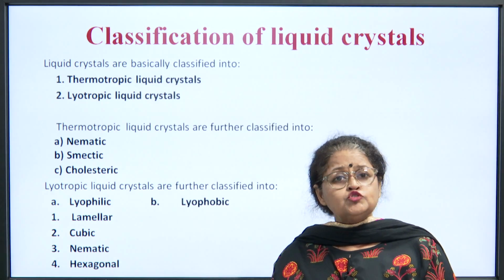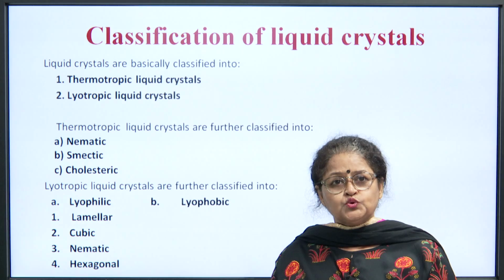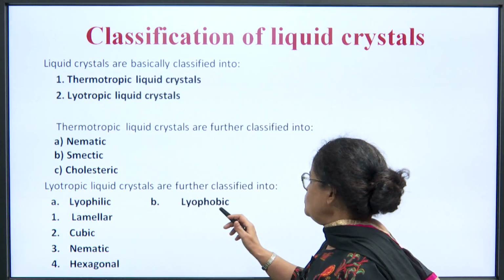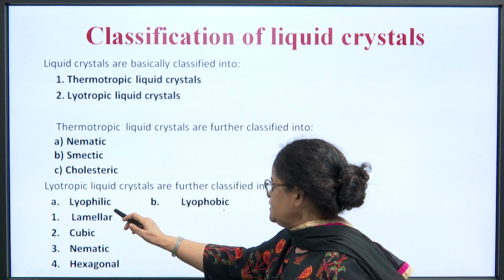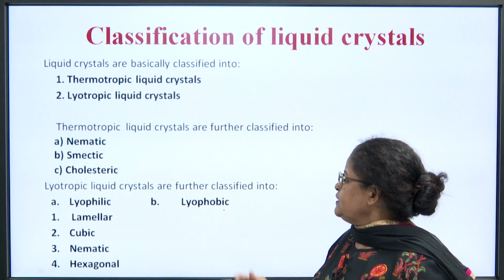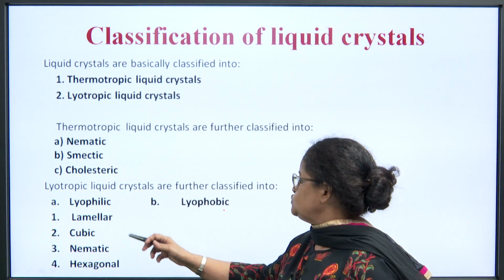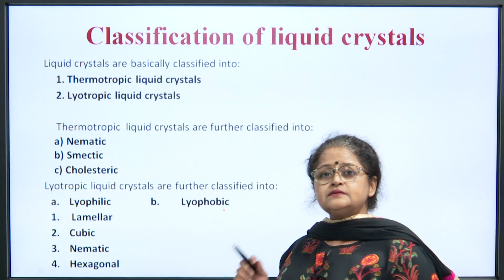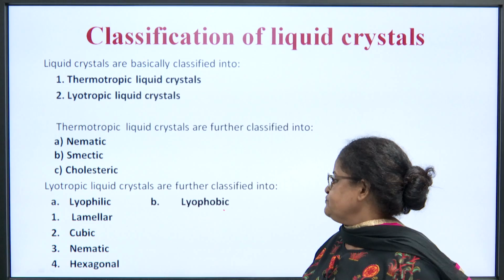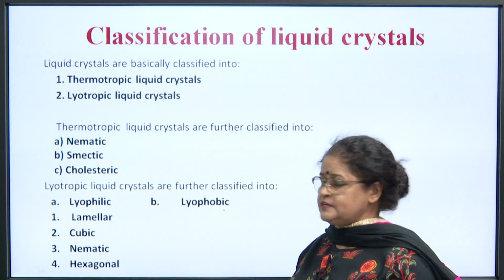Whereas the lyotropic liquid crystals can first be classified into two classes, lyophilic and lyophobic, solvent loving and solvent hating. They can further be classified into lamellar, as the name suggests, lamellar means sheet like, a lamina, and cubic, nematic, depending on the shape.